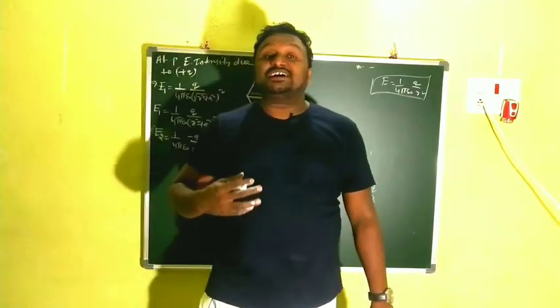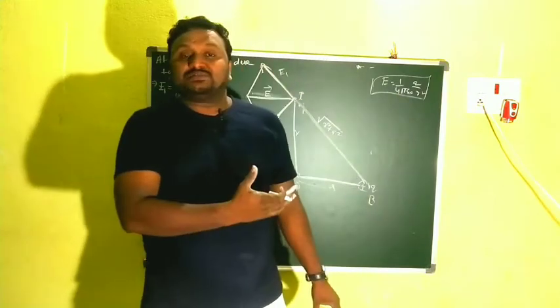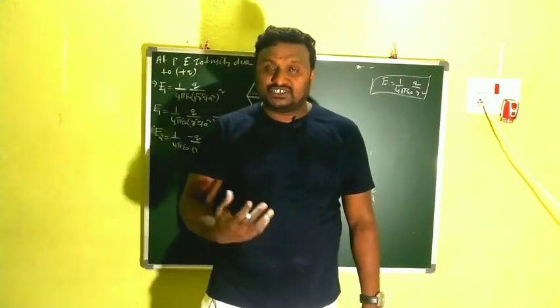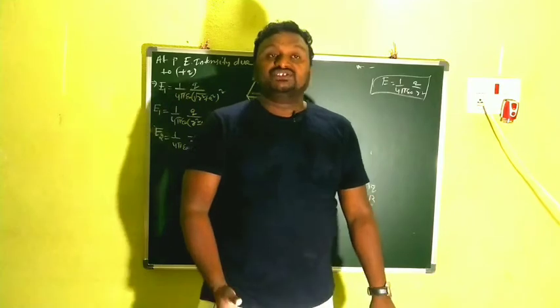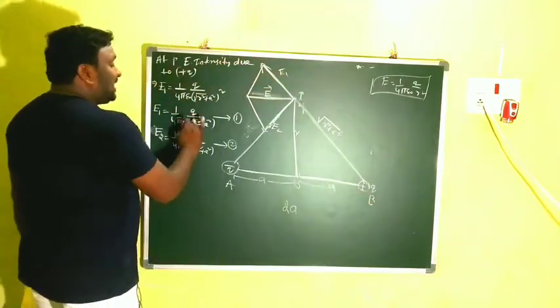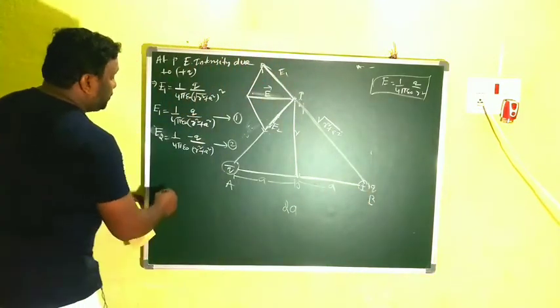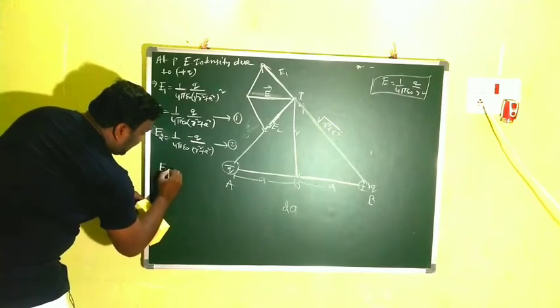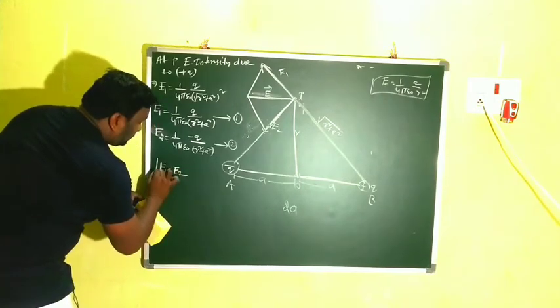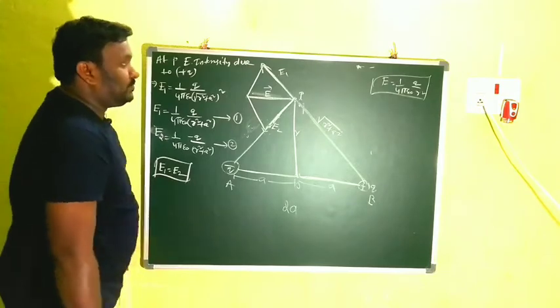Now if we consider magnitude, minus means opposite sign, and opposite sign means opposite direction it is showing. So if you consider magnitudes, what do you write? E1 is equals to E2. Clear?